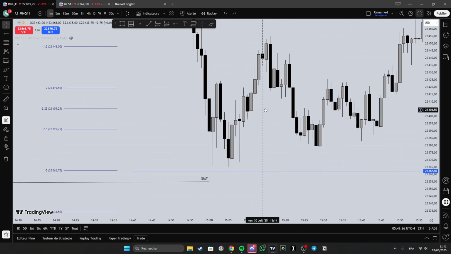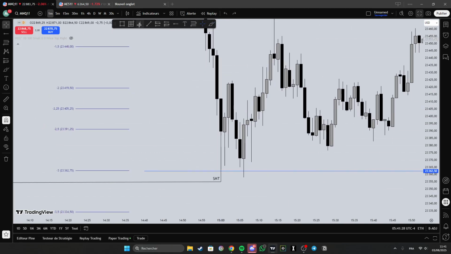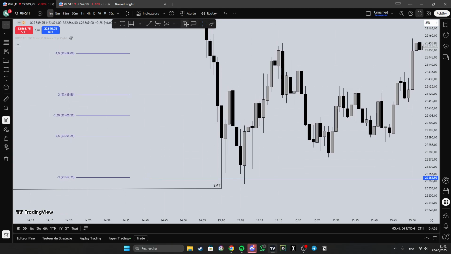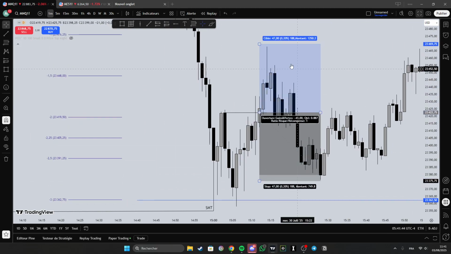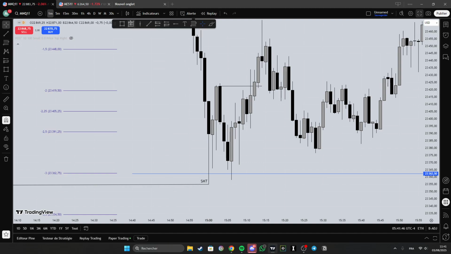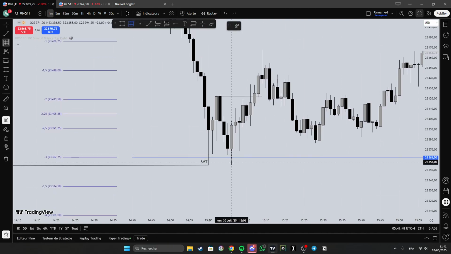For example, here I would have taken the trade only after we have no gaps here. Well, maybe after this change in the state here. Okay, so I would have entered maybe here, or I would have waited to get a better entry.